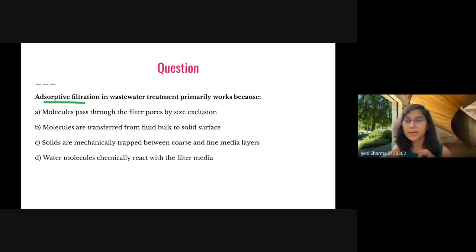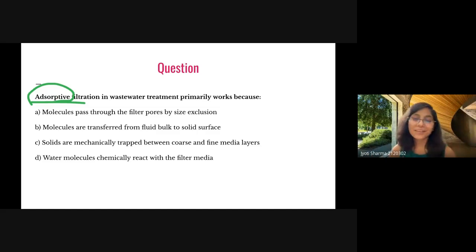Little tricky, but I think you can give me the answer. So what is the principle of adsorptive filtration? From that word only, adsorptive, you can guess the right one.